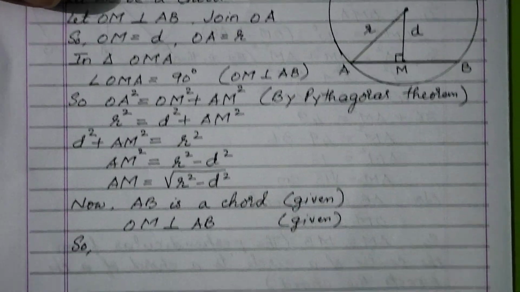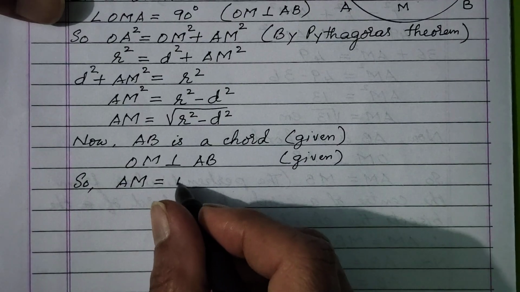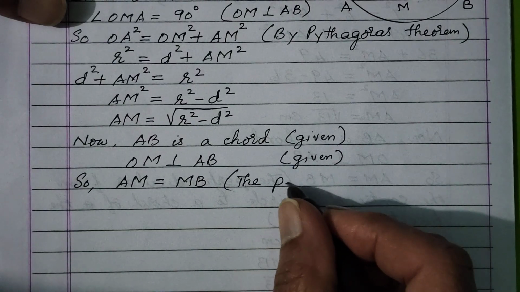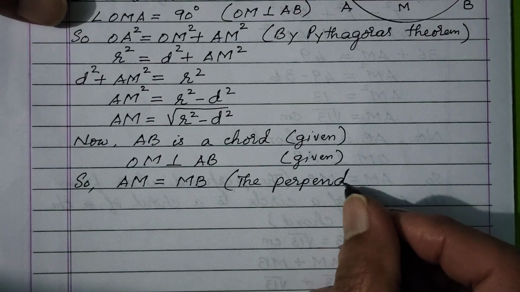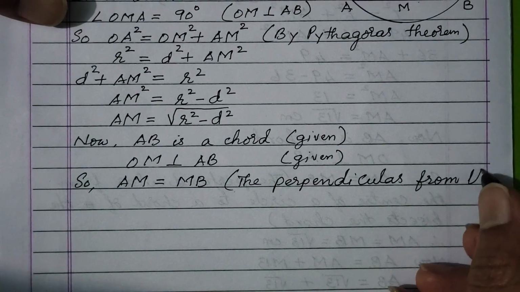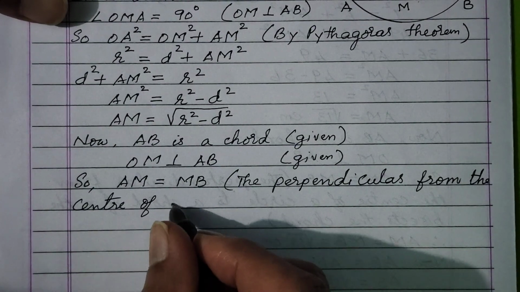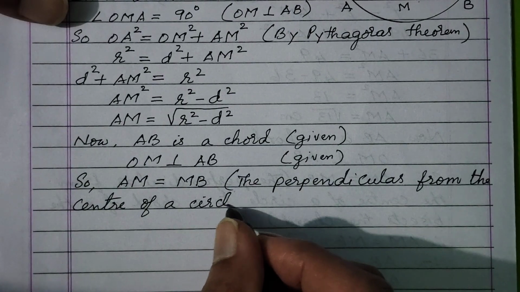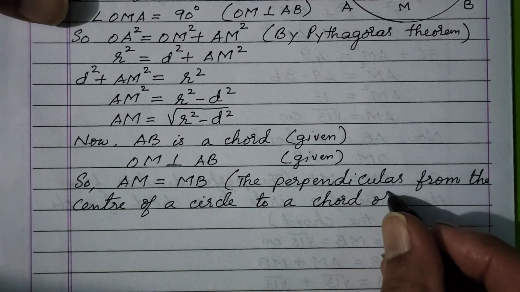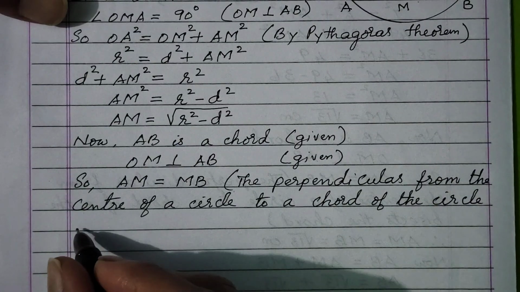So AM will be equal to MB, because the perpendicular from the center of a circle to a chord of the circle bisects the chord.